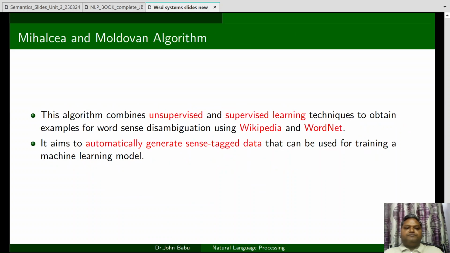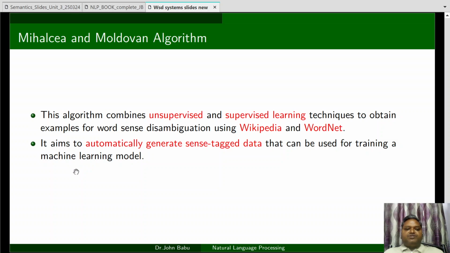Another algorithm, which is also a combination of unsupervised and supervised, so we can call it semi-supervised, is the Mihalcea and Moldovan algorithm. It combines both unsupervised and supervised techniques, and it uses resources like Wikipedia or WordNet.